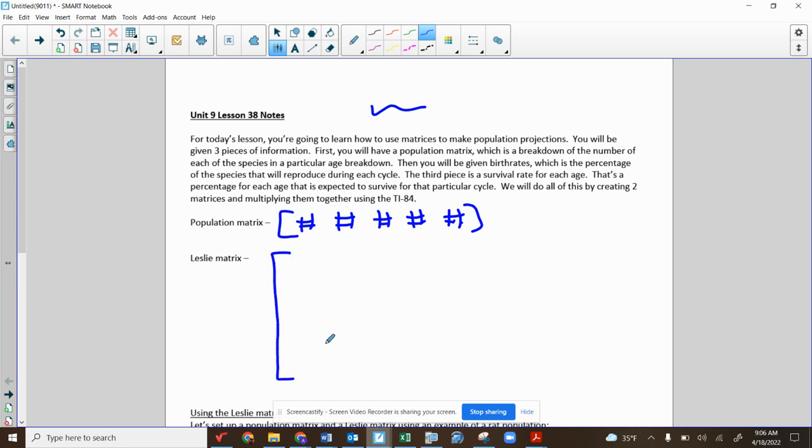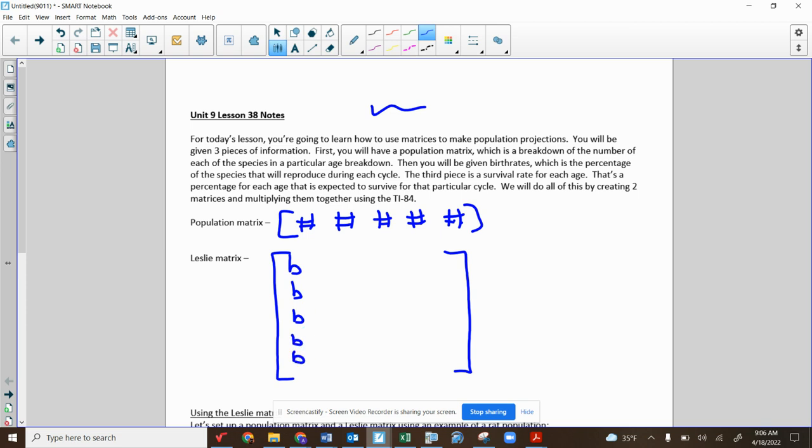All right, so the Leslie matrix works like this. It is going to be a square matrix, meaning you're going to have the same number of rows and columns. So 3 by 3, 4 by 4, 5 by 5, and so on. You're going to take your birth rates and have them go straight down. So let's say we had 5 birth rates. We're going to have those numbers going straight down.